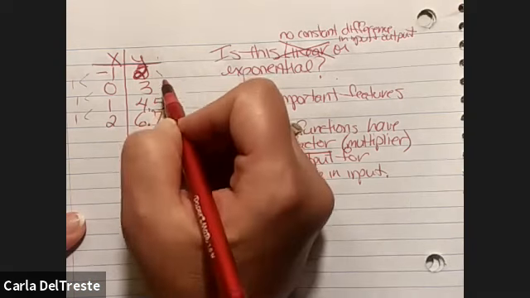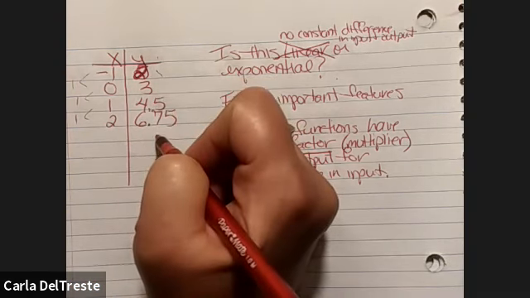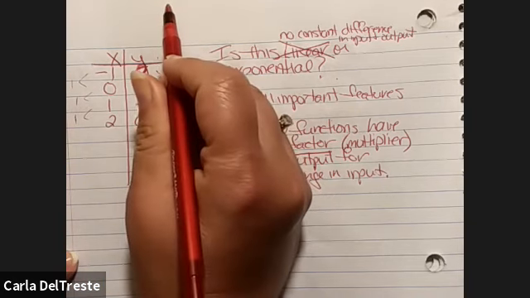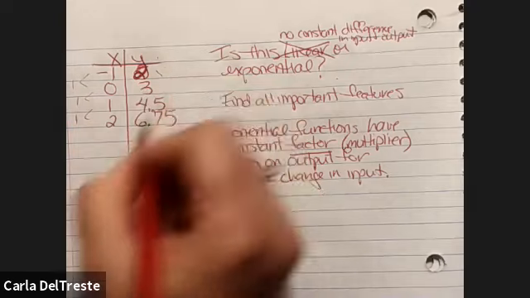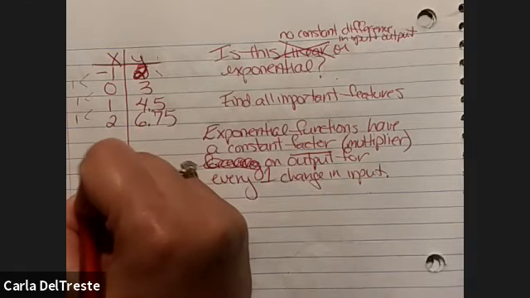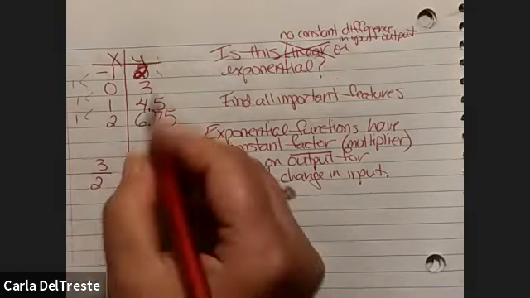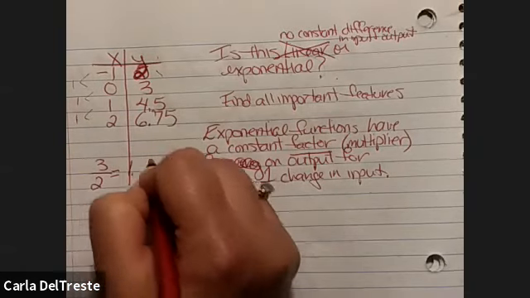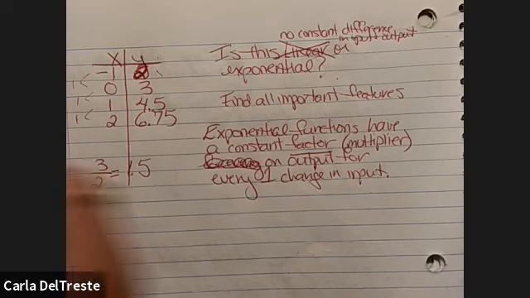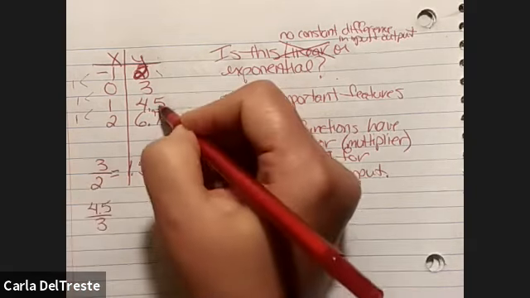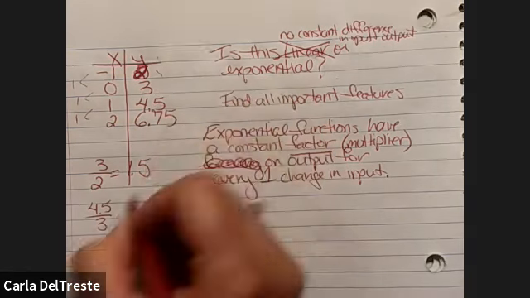Well, if I want to test for multiplication, we talked about this in the last video, I need to divide going backwards. So I want to know what 3 divided by 2 is. We're dividing backwards. 3 divided by 2 is 1.5. I want to know what 4.5 divided by 3 is. Again, sequential outputs.